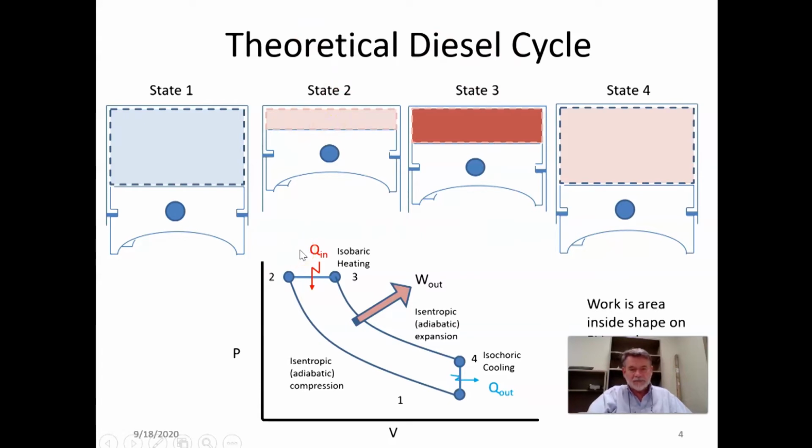And then this is when the combustion happens. So you put heat in, and that's actually the fuel injection moment. And as you see, this is PV. I should maybe have started with that.